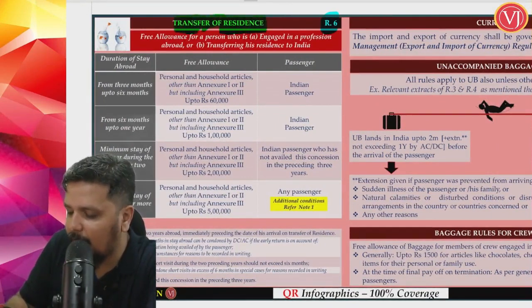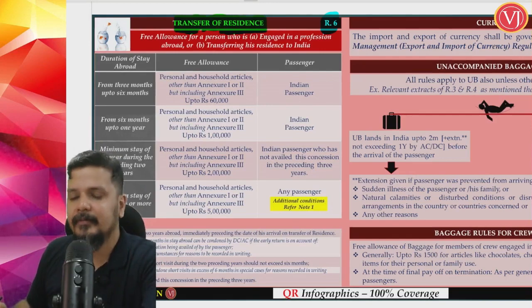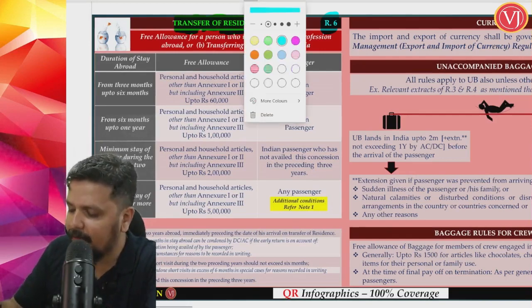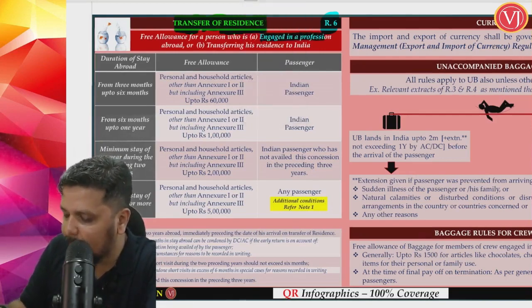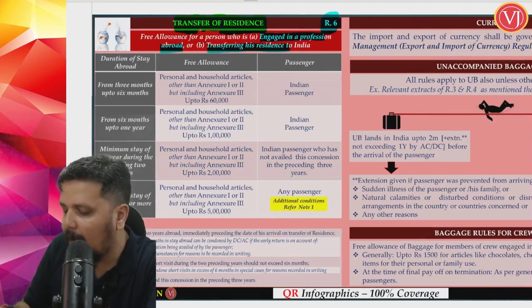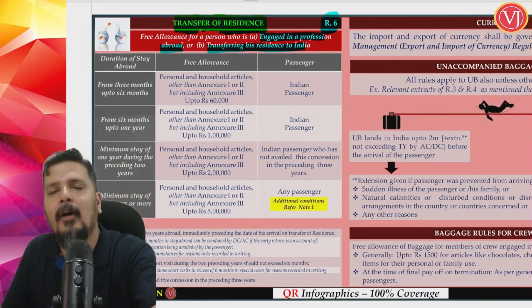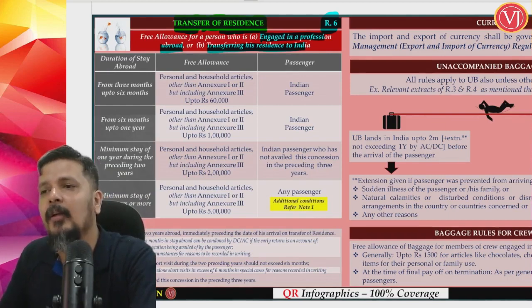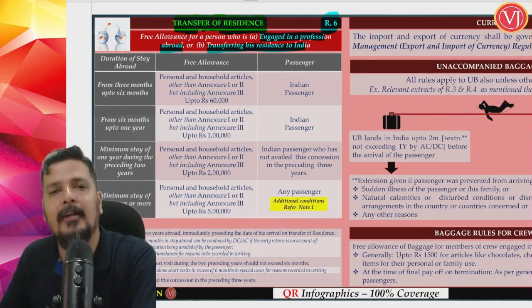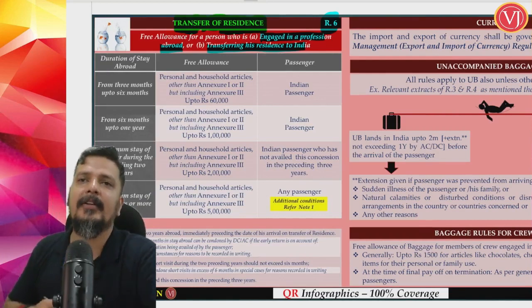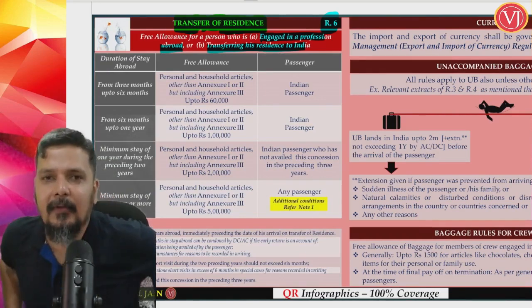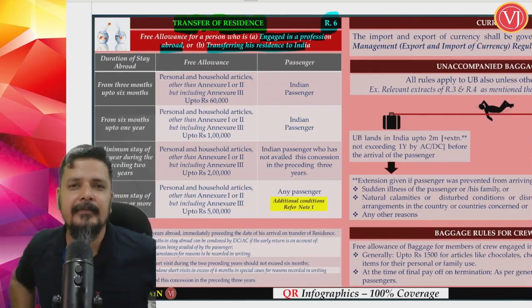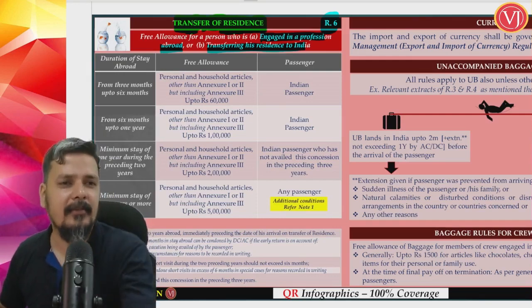That is transfer of residence: free allowance to a person who was engaged in a profession abroad or was settled abroad and for some reason is coming back to India permanently. Don't you think that when a person is outside India for a very long time and comes back to India, he should be getting more exemption?